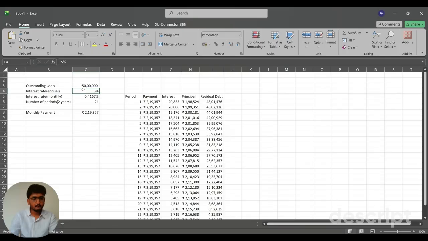We have to calculate the monthly interest rate: the annual interest rate of 5% divided by 12 to convert to a monthly basis, which is 0.4167%. Then the number of periods: 2 years is 24 months.